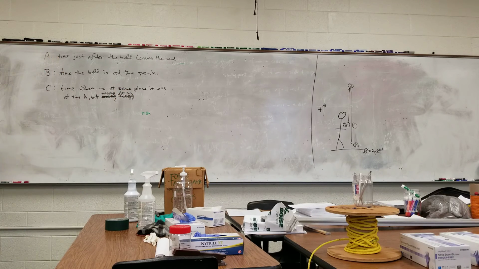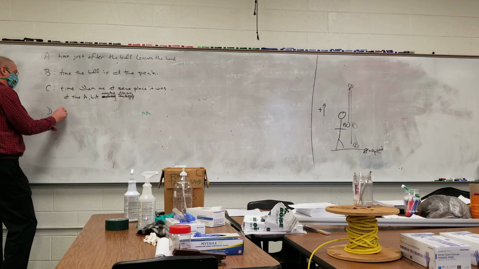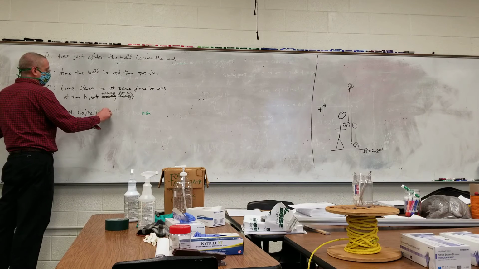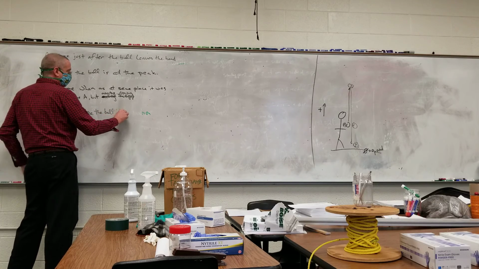So at time A and time C, the ball's in the same place, just at time A it's going up, at time C it's going down. And then D, just before the ball touches the ground.